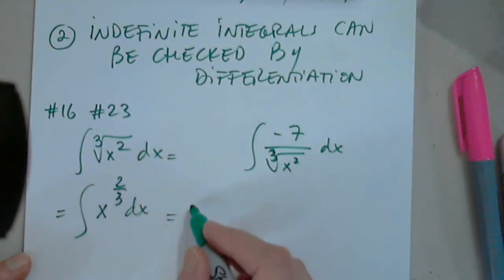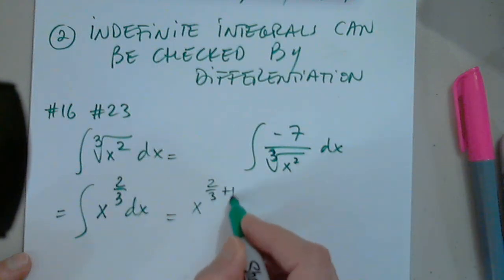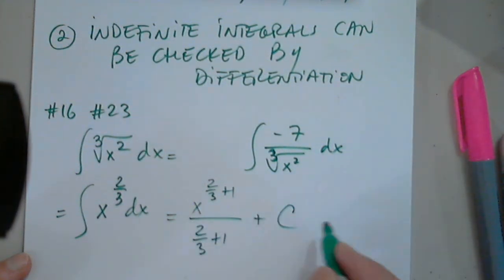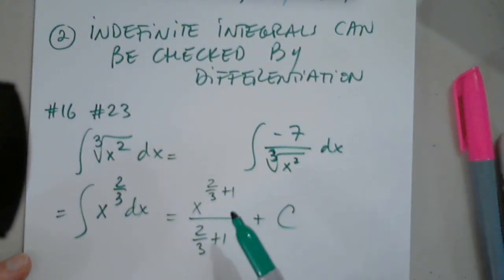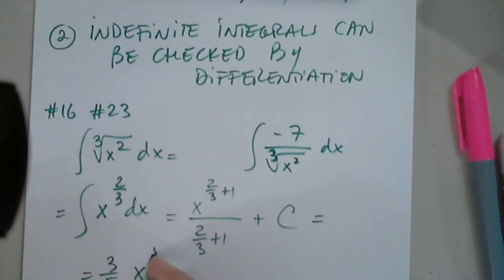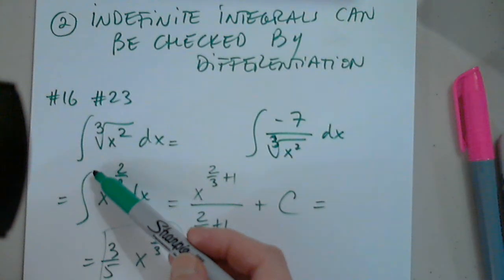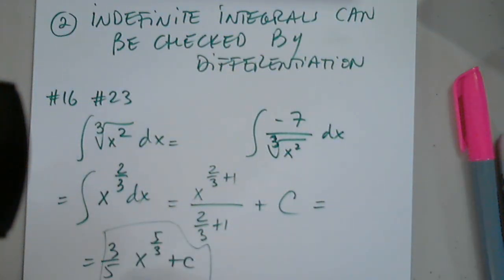It's the power rule, x to the 2/3 plus 1 over the exact same number plus a constant c. And now I have to clean it up because 2/3 plus 1 is 5/3. And I have to flip 5/3 into 3/5. x to the 5/3 plus a constant c. And this is the answer. And if you differentiate this side, it's guaranteed you will get the same answer.